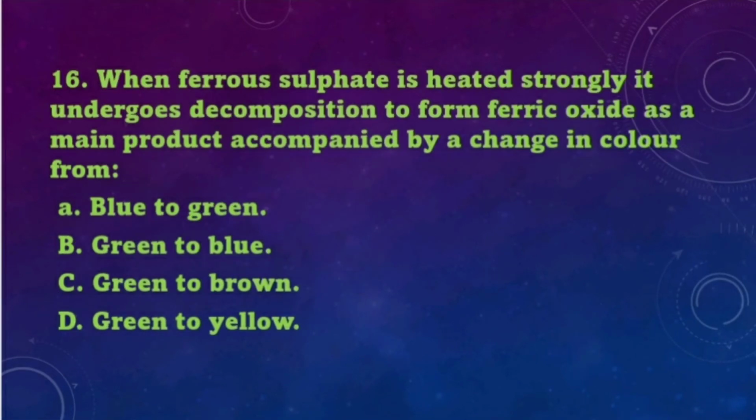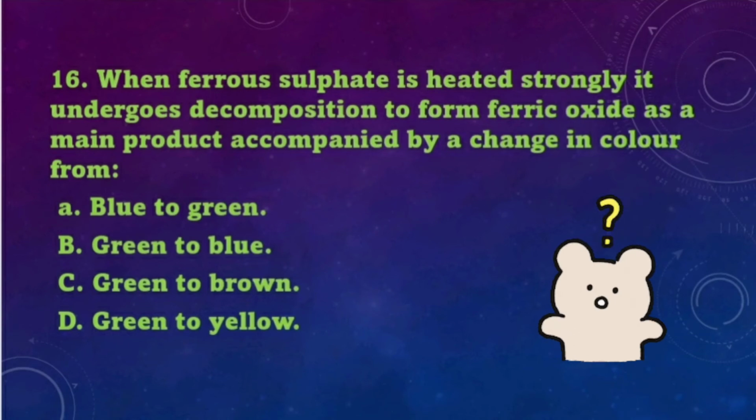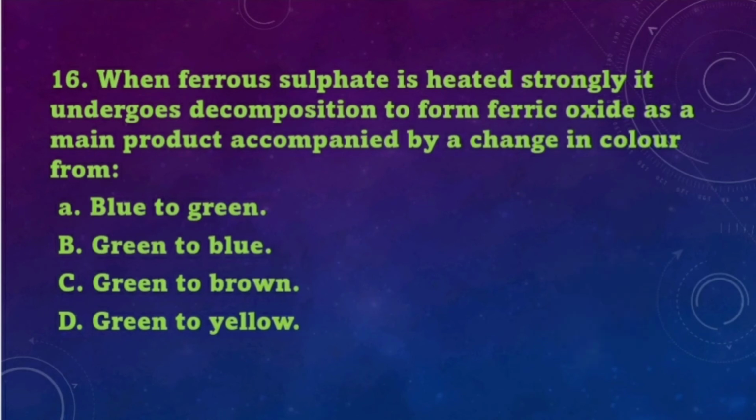Question number 16. When ferrous sulphate is heated strongly, it undergoes decomposition to form ferric oxide as a main product, accompanied by a change in color from option A, blue to green, option B, green to blue, option C, green to brown, and option D, green to yellow.